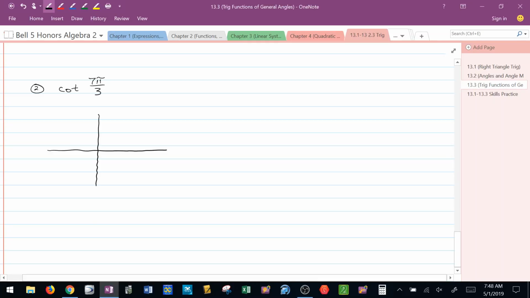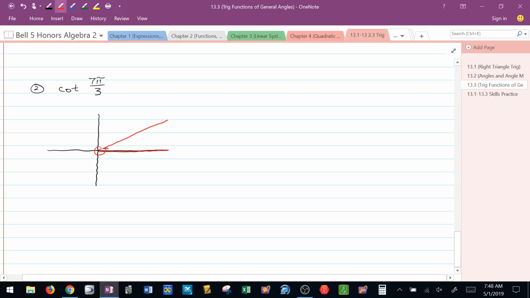I know that one time around the coordinate plane is 360 degrees, or 2 pi radians. So 7 pi over 3 actually is going to have an initial side here and a terminal side coming up like this.